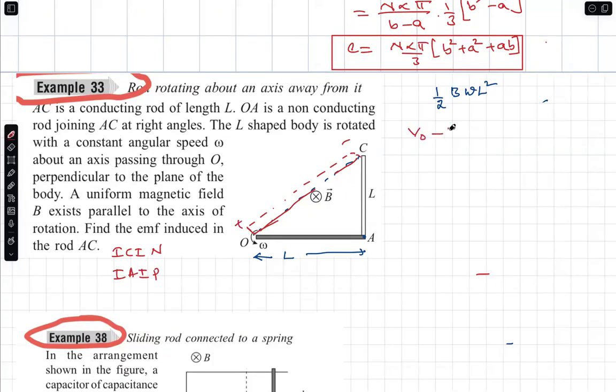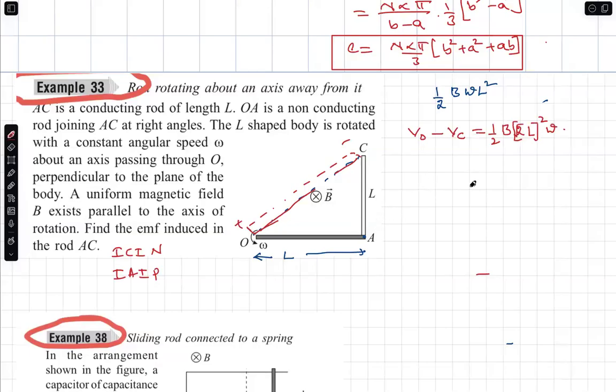If I take it as VO minus VC, I would have written that as B L square omega, so this is root 2 L square omega.